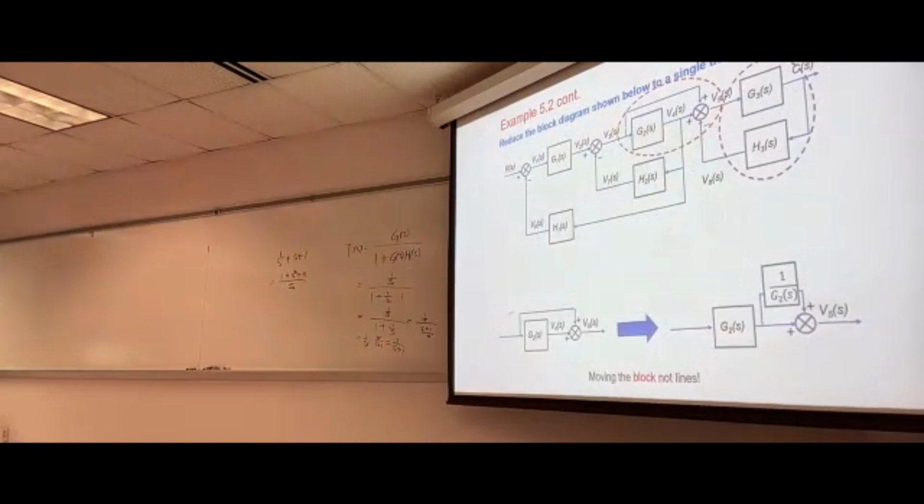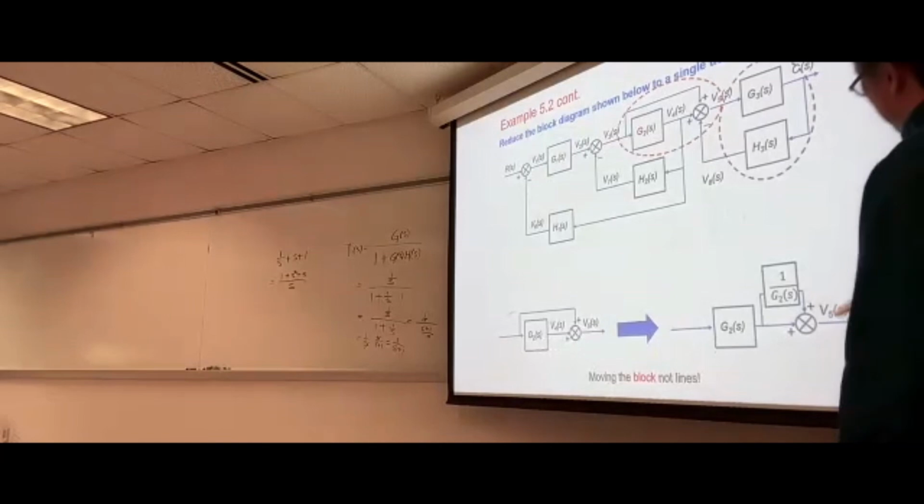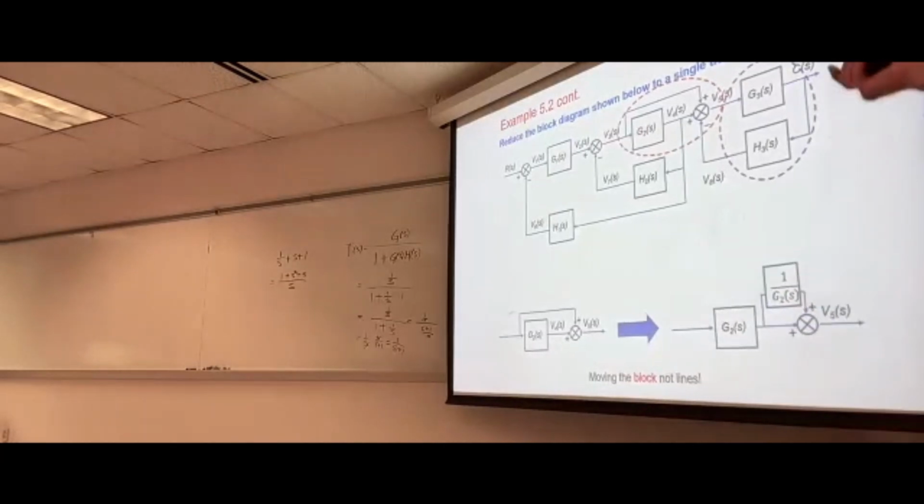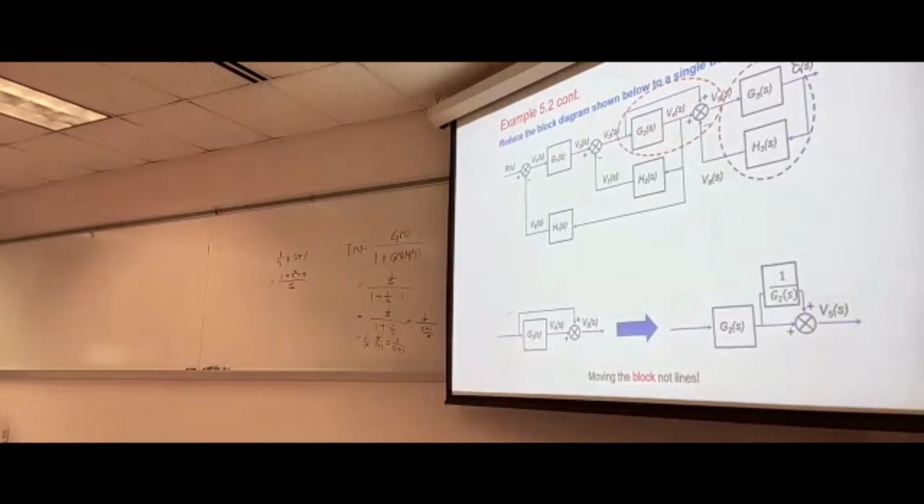I'm moving the box G2 from here to the left side. Why? If I move this box to the left side, as you can see, these two are parallel so that we can combine them. But at this point, this is not parallel because of this G2. I'm going to repeat that again. We are moving boxes. Write that down. We need to move boxes, not the lines.